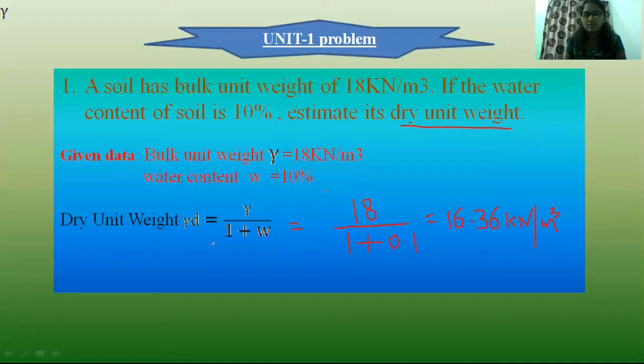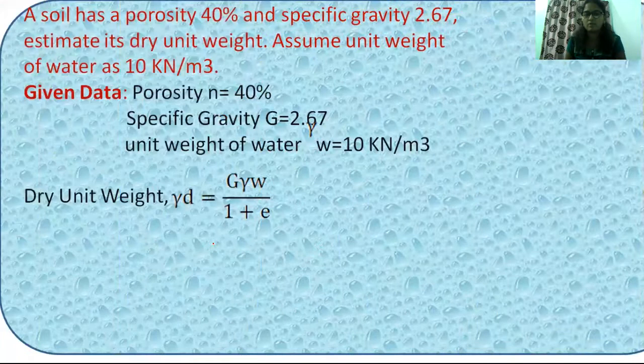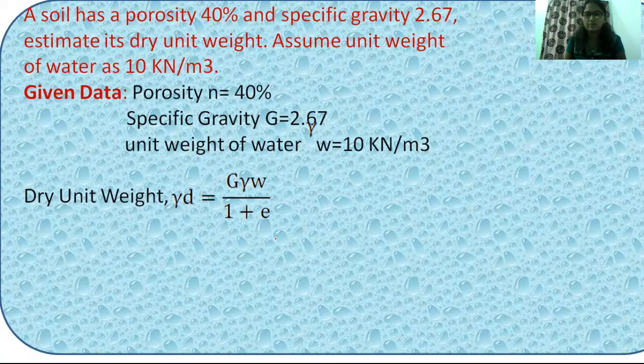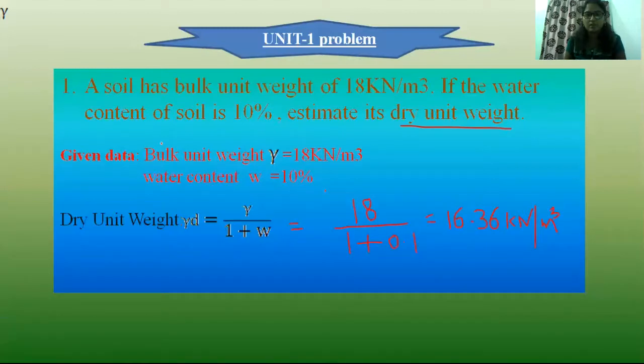Another formula is also there. Depending upon the given data, we can use either gamma D is equal to gamma by 1 plus W, or G gamma W by 1 plus E. A soil has a bulk unit weight 18 kilonewton per meter cube and water content 10%, so to determine dry unit weight, directly you can substitute the values and we can get dry unit weight.